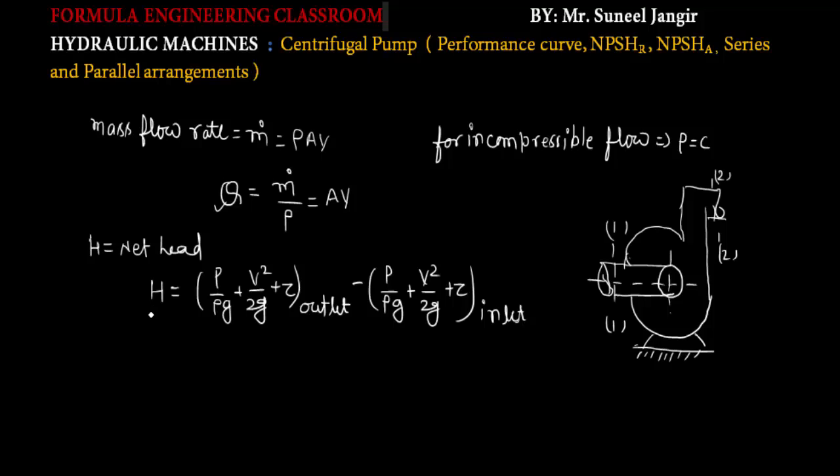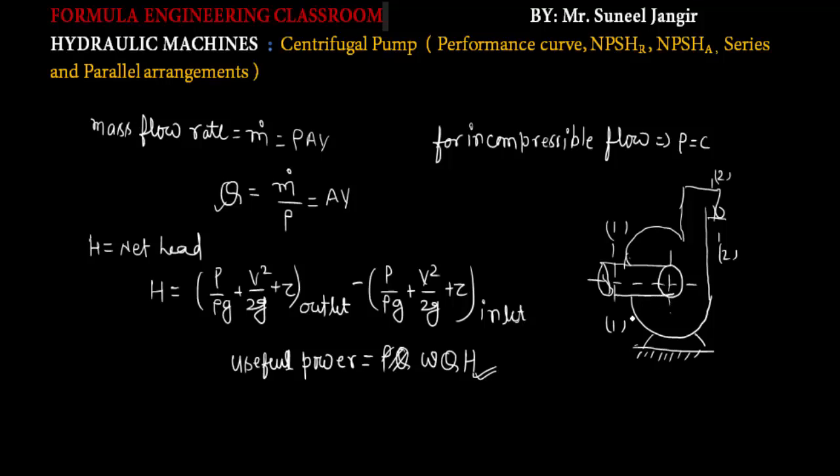I am repeating again, this net head is proportional to the useful power delivered to the fluid. What does that mean? We can understand it like this. If I write the useful power, we can simply write it as rho q h. Sorry, this is not rho q. This is the specific weight of fluid times discharge times head.